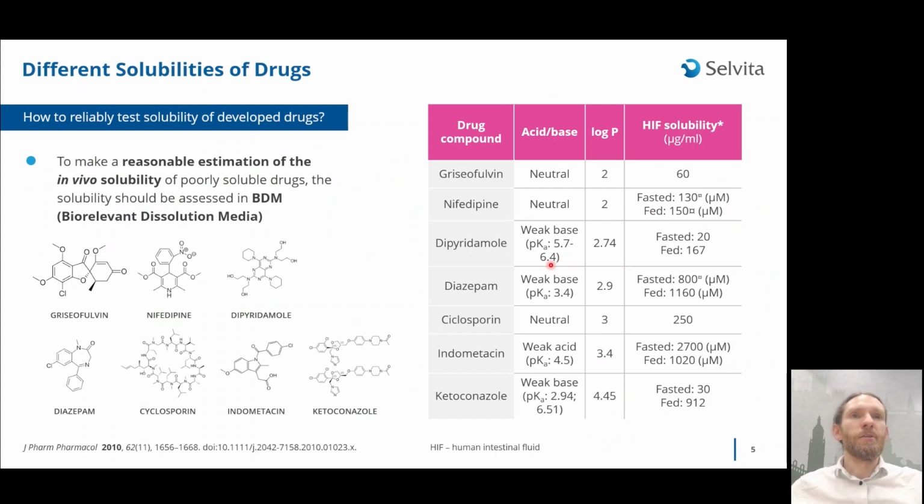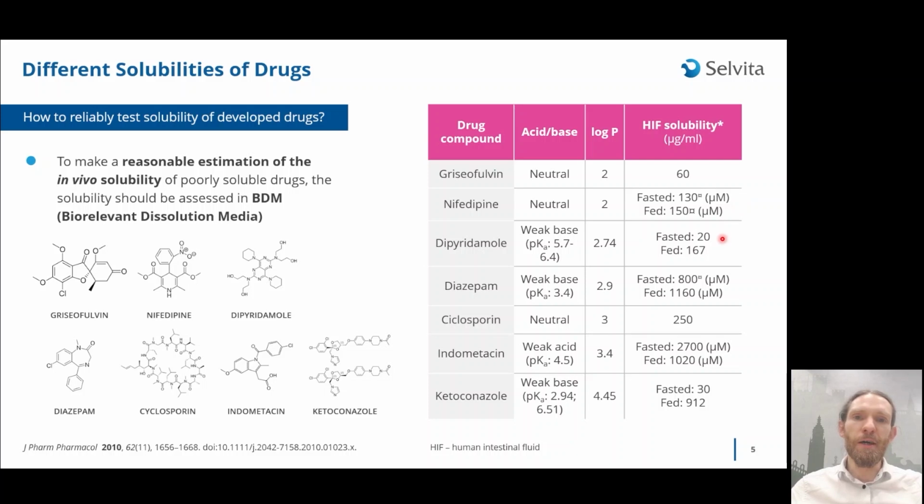Here on the right, we see a table with the actual solubility of a collection of drugs in the human intestinal fluids. Starting with griseofulvin, it's a neutral molecule and exhibits the same solubility in both fasted and fed state. Nifedipine is also a neutral molecule. It exhibits comparable solubility in both fasted and fed state.